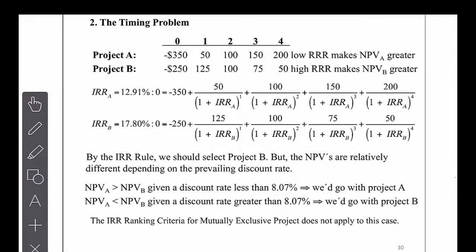So what happens in the first case, if we were to look at the IRR, is that a low required rate of return will make NPV higher, right? Because this 200 at a low discount rate will still retain its purchasing power. So for project A, we like a low discount rate. But project B is fine with high discount rates, right?